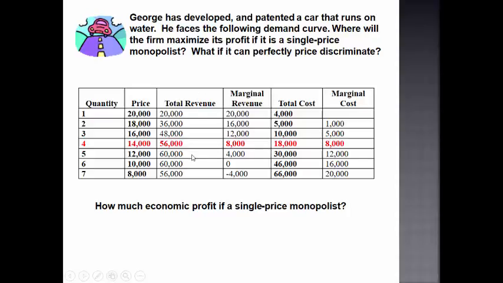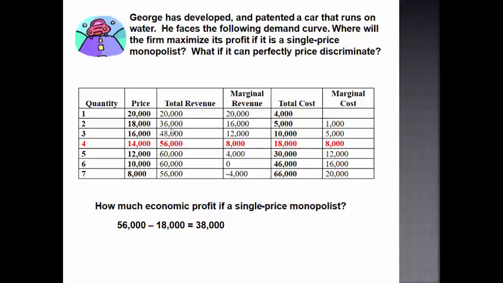You'll notice the total revenue column has been added to this chart because total revenue in this case is simply price times quantity. So if George was only a single price monopolist, George earns $38,000 in economic profit instead of the $50,000 in economic profit.